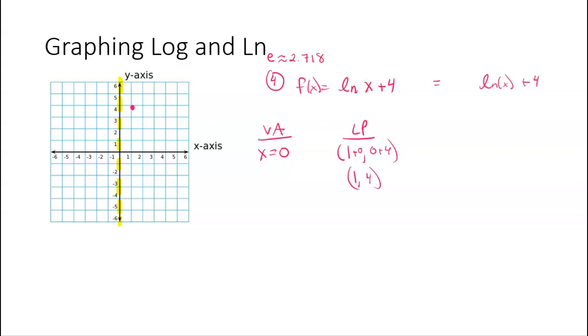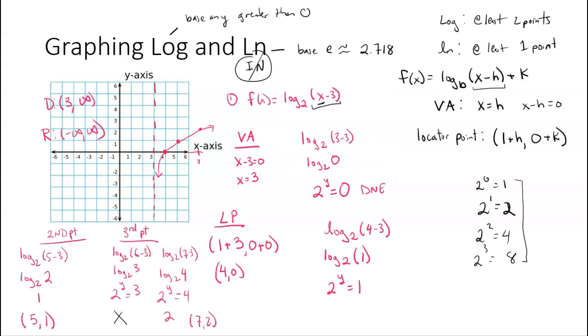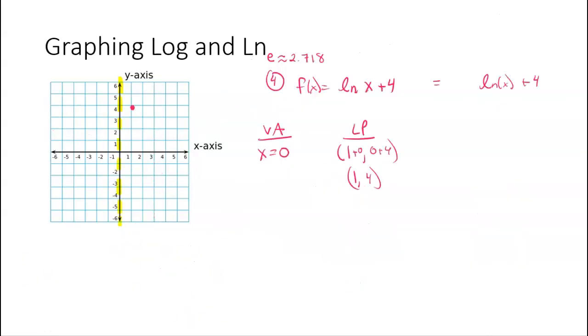We know that e is 2.718, so 2.7 is a little bit more than the number 2, so it should kind of mimic our first graph. So it should be kind of going up and up and up. It's not going to be going down. And so we'll have something that kind of looks like this.